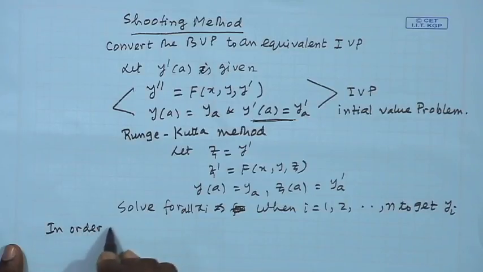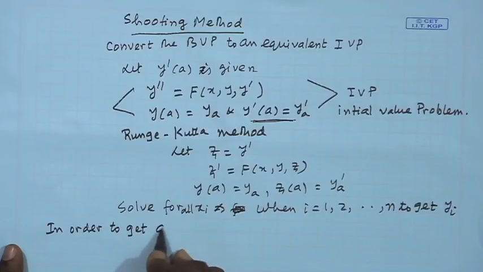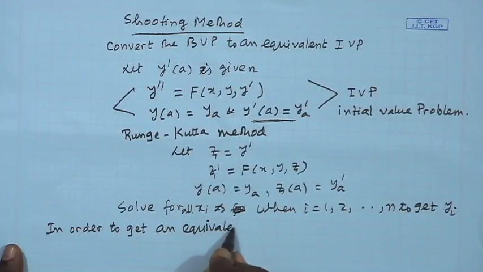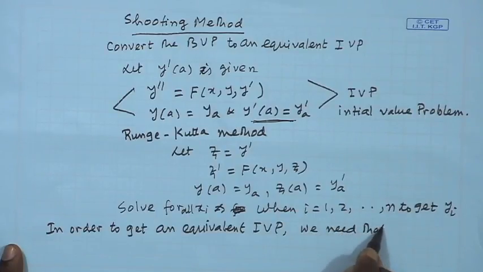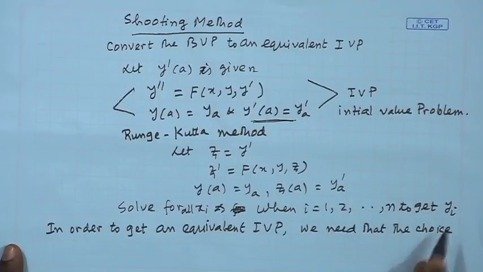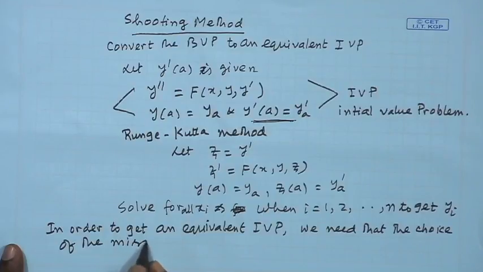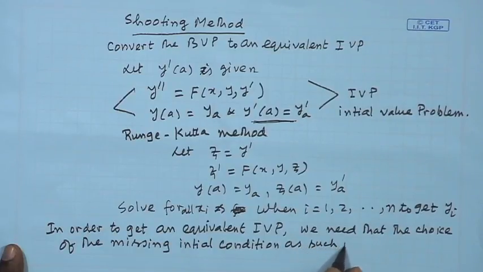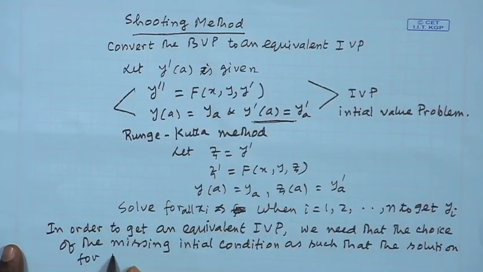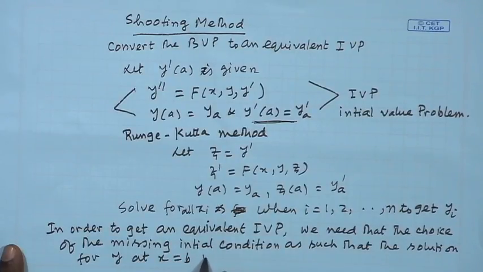So, in order to get an equivalent IVP, we need that the choice of the missing initial condition is such that the solution for y at x equal to b becomes y b, the given condition.